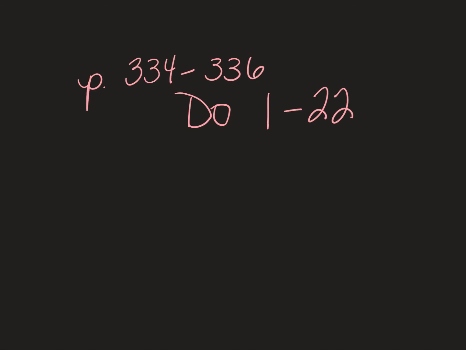I know some of this is practice on some multiplication, but we are going to start a lot of that practice so that we can make sure that we are ready for standardized testing, which is sometime after a break. So page 334 to 336, you may write your answers in your book, and you're going to do 1 through 22. Any questions?